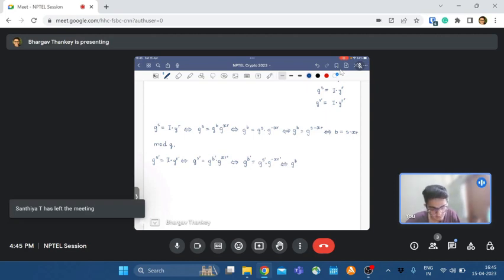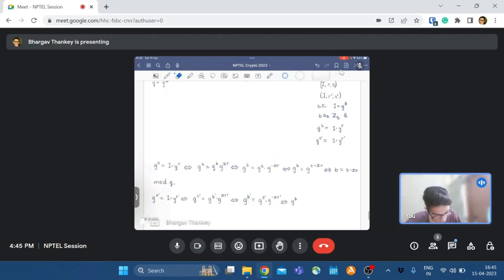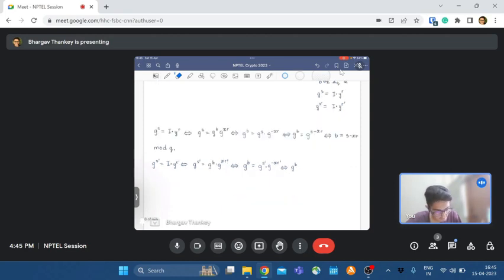Oh wait, there is no B prime. Yeah, I is the same, so it's just B. So G to the B is equal to G to the S prime minus XR prime, which implies B is equal to S prime minus XR prime mod Q.